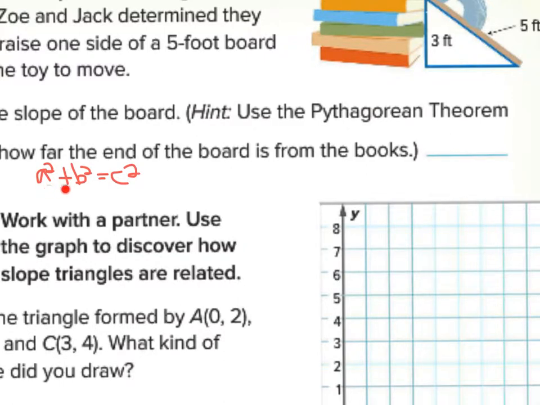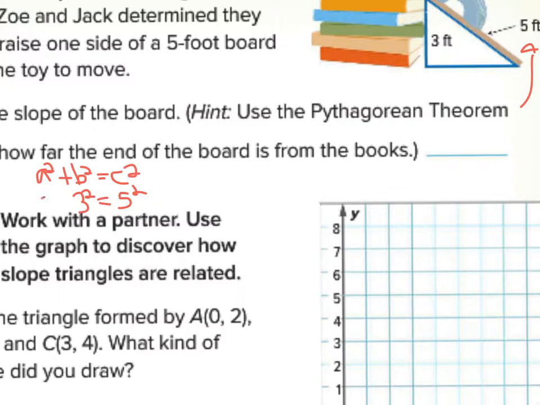So we would use a squared plus b squared equals c squared. We don't have the a squared at the bottom, but we do have the b squared, so it's our 3 squared, okay? And that equals 5 squared, because that's our hypotenuse right there, as you can see.